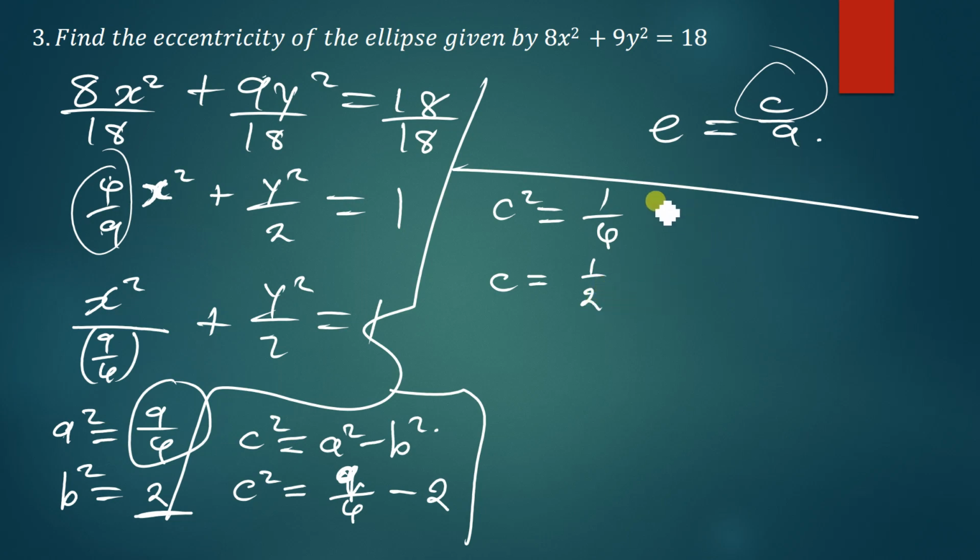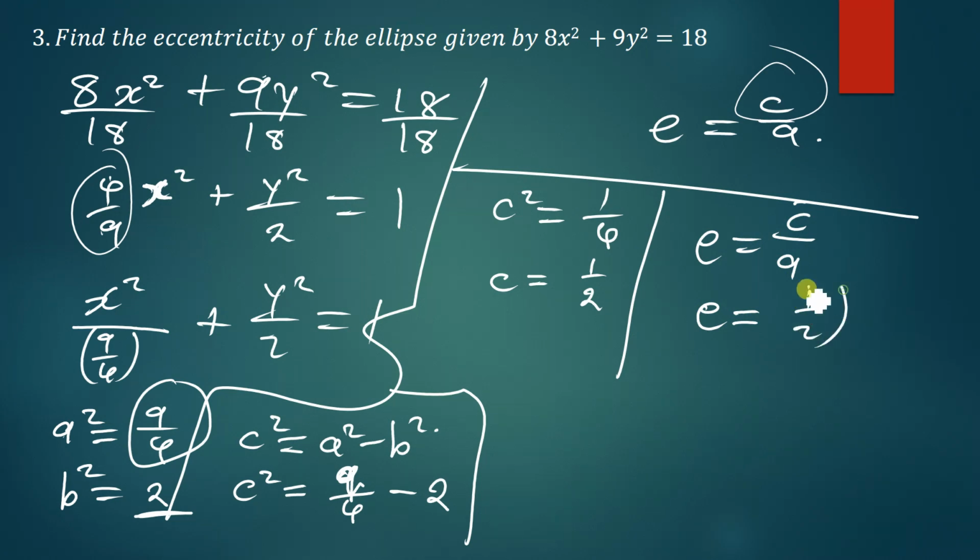So now to find the eccentricity we know that it's given by c over a. So the value of c has been given to be 1 over 2. And then when you divide this by a, the value of a was 9 over 4. So we divide this by 9 over 4. So eccentricity becomes 1 over 2 times 4 over 9.